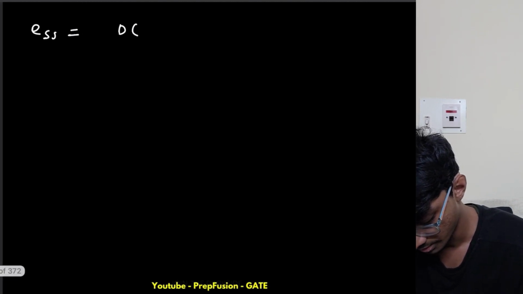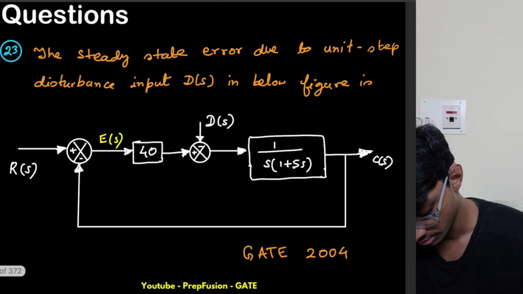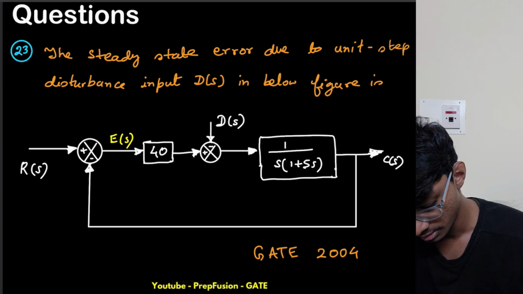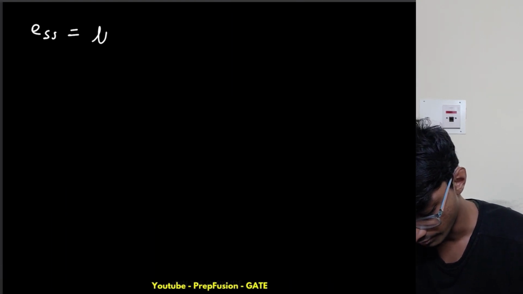So I have to put the limit. What is my D(s) equal to? D(s) was for a unit step, as the question told us, a unit step disturbance input. So now I will find the steady state error.